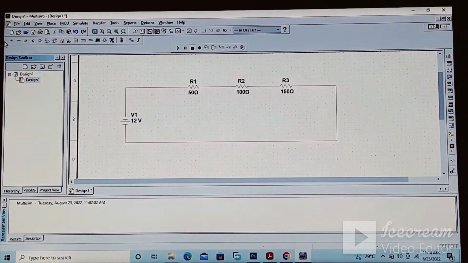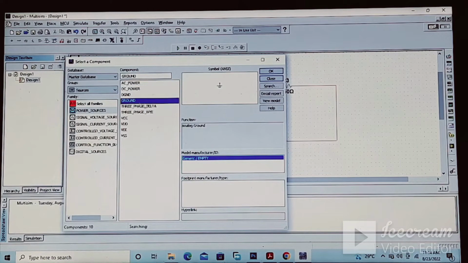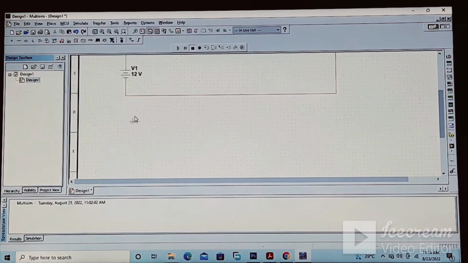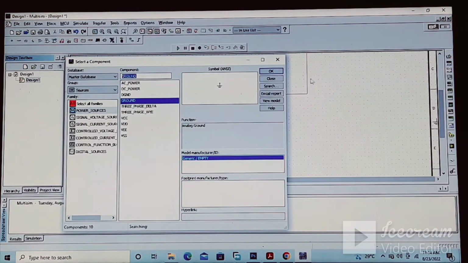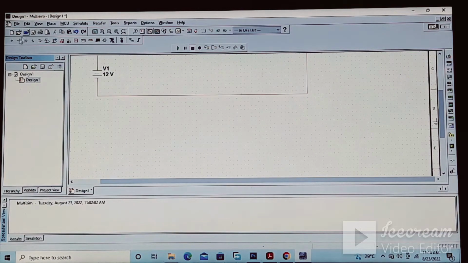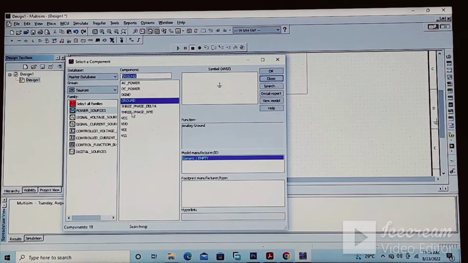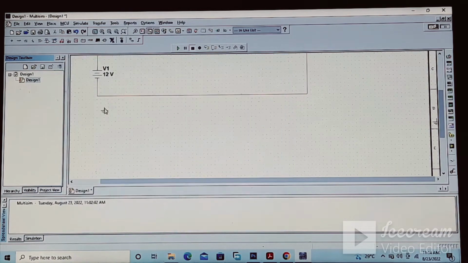Now connect the ground to the circuit, then the path of the circuit will be closed by connecting the ground. So the ground is connected.